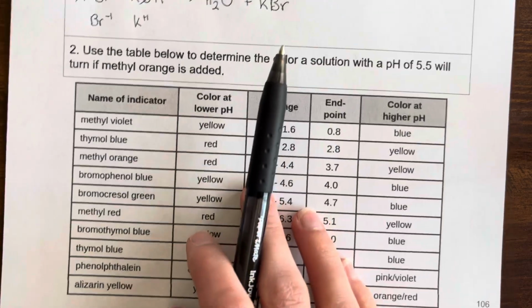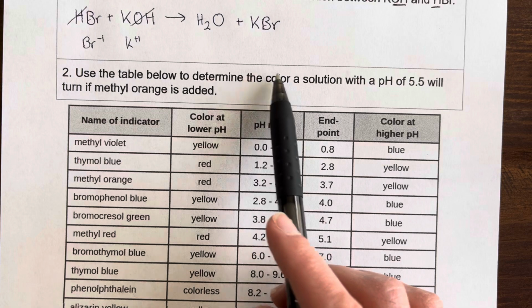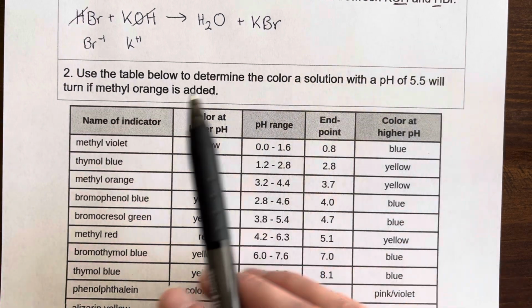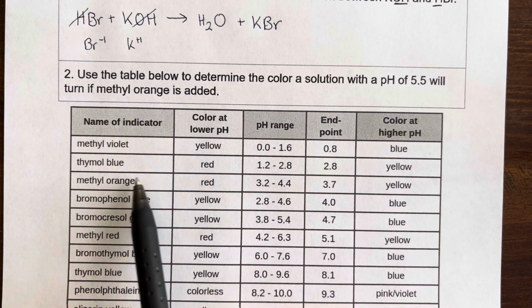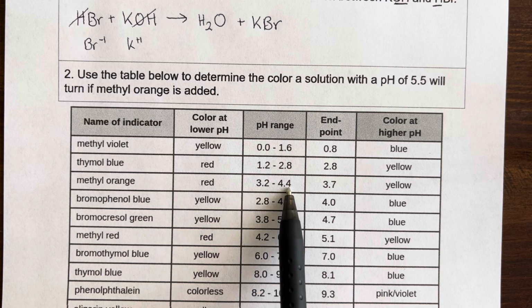So here's an example of a question you might be asked. It says, use the table below to determine the color a solution with a pH of 5.5 will turn if methyl orange is added. So we need to find methyl orange. It's right here. And then it's asking, what would the solution turn if it has a pH of 5.5?